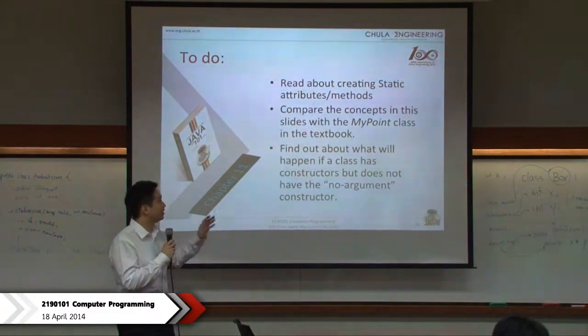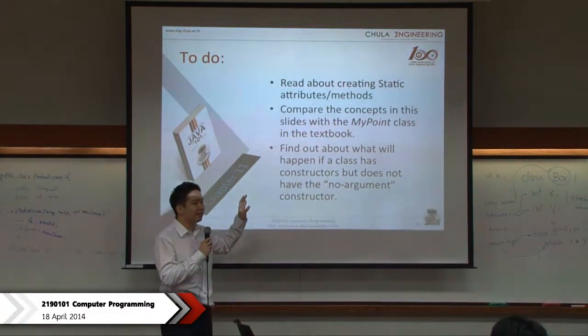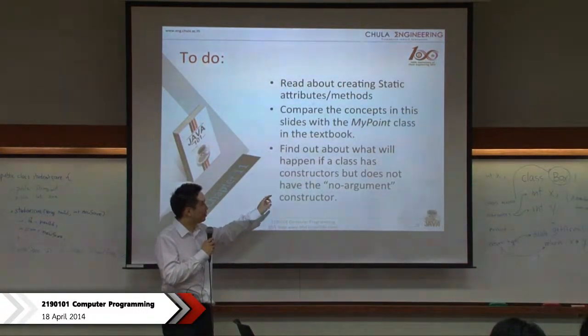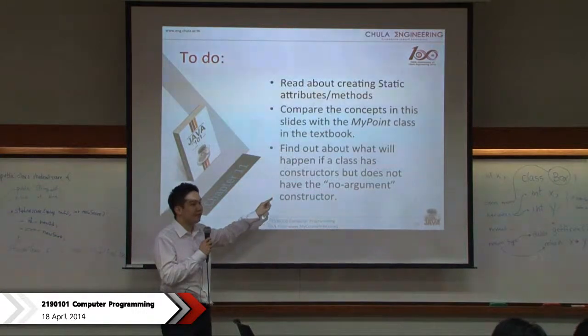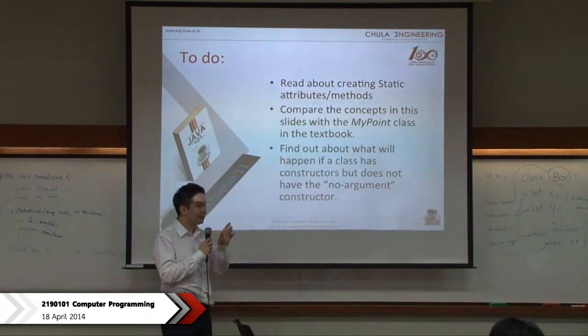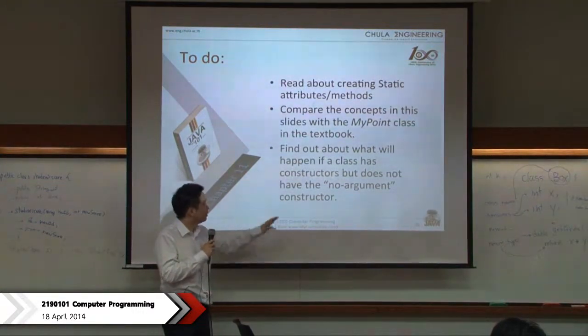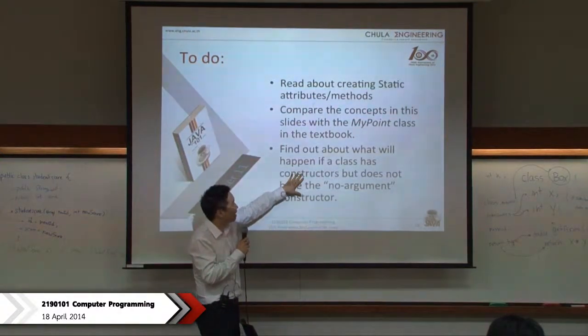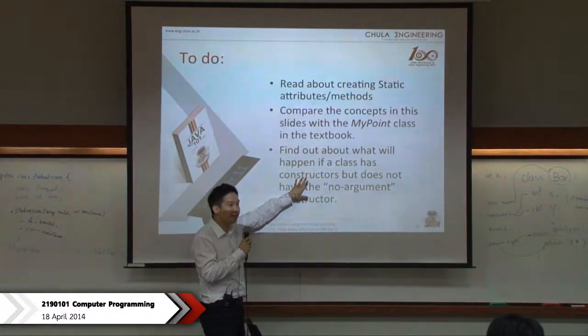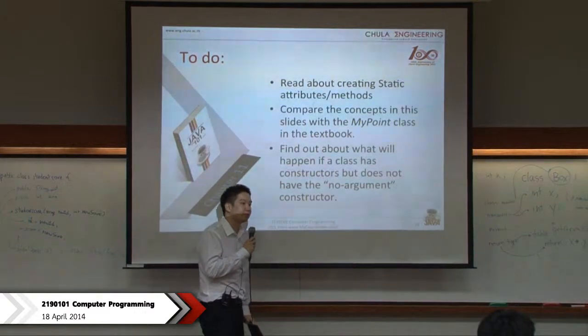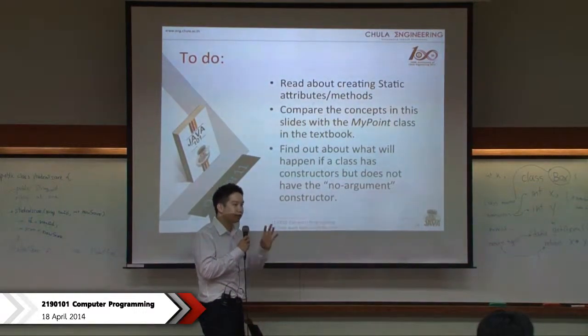That's all I can tell you. But I'll just give you a hint. If you don't supply the no argument constructor and you instantiate incorrectly, then it will give you an error. So try it. All you have to do is find out what happens if a class has a constructor but does not have the no argument constructor. That's all. Just try it.